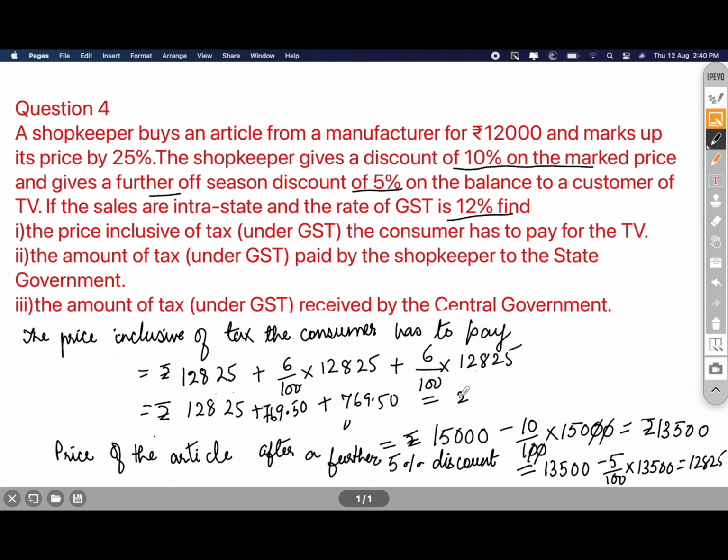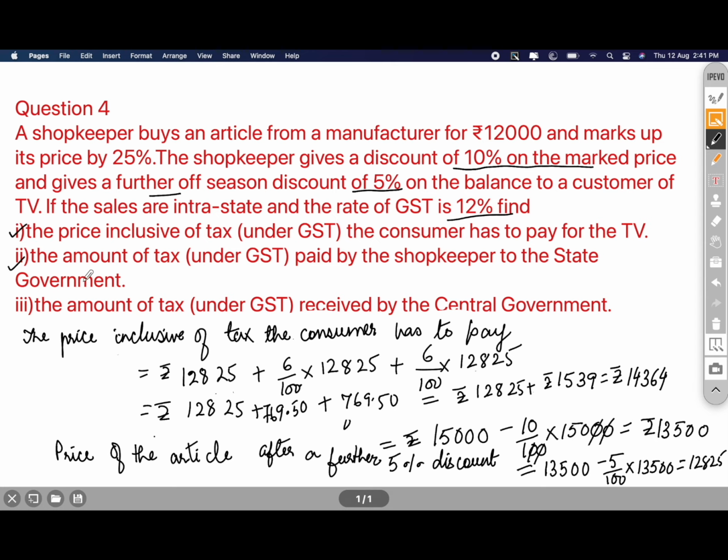This will sum up to rupees 1539. That means rupees 14,364. Fine. So first part over.